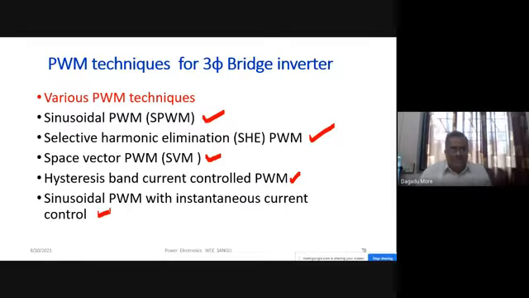Out of these, today we are going to discuss the very first PWM technique, sinusoidal PWM. The remaining techniques will come at different times.